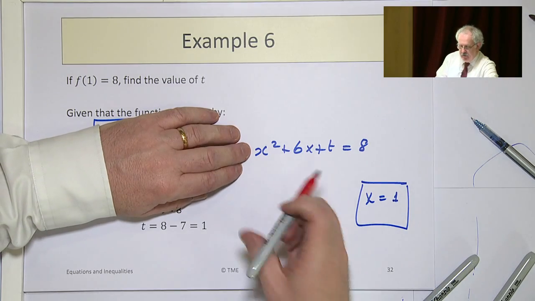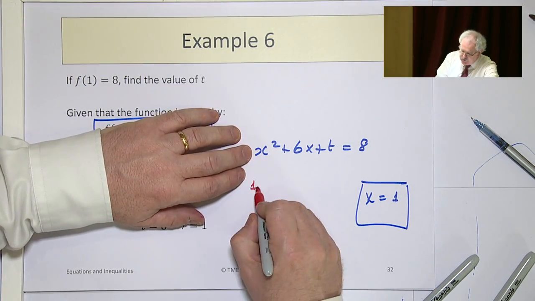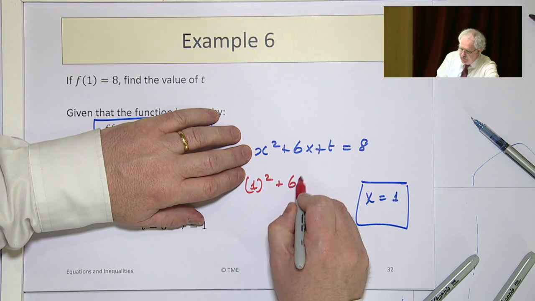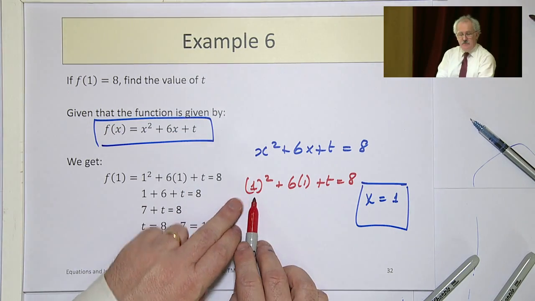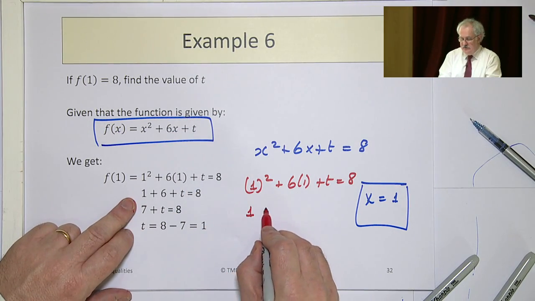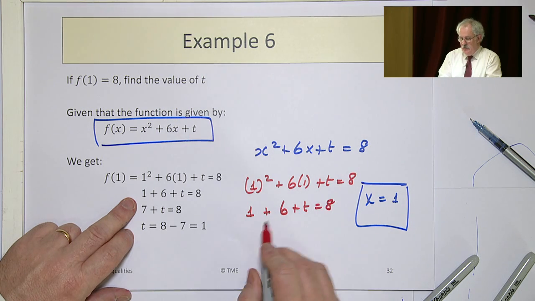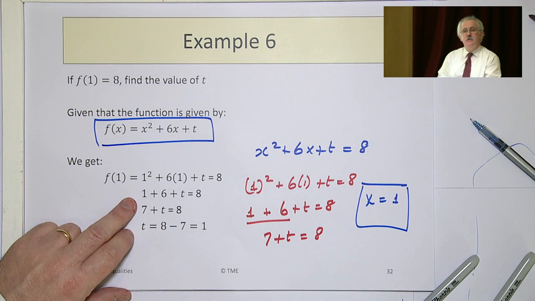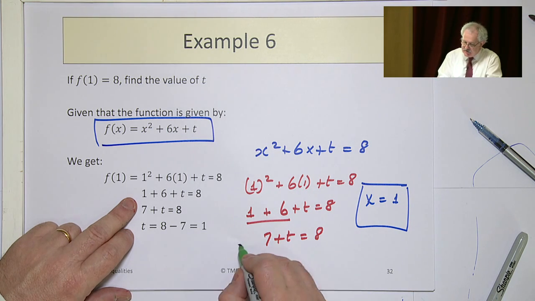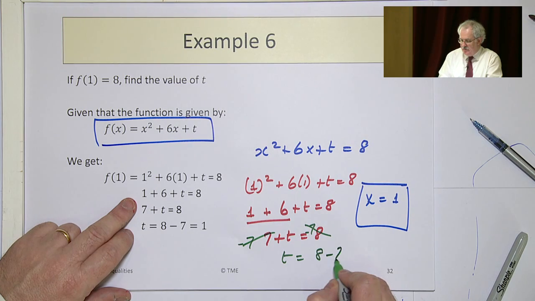Head down, step by step. Everywhere you see an x, you make it a 1. So 1 squared plus 6 times 1 plus t is 8. 1 squared, 1. 6 times 1, 6. 1 plus 6, 7, plus t is 8. What's the answer? t is 1. How do you do that? You get rid of the 7. t is 8 minus 7, which is 1.